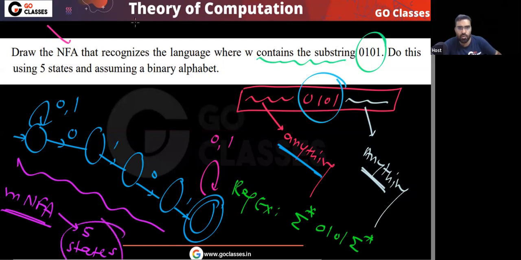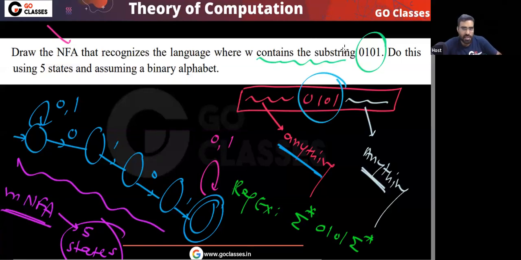So very simple. This is how you can create the NFA. If I say minimal NFA has 5 states, what does it mean? It means there is no NFA with less than 5 states for this language.